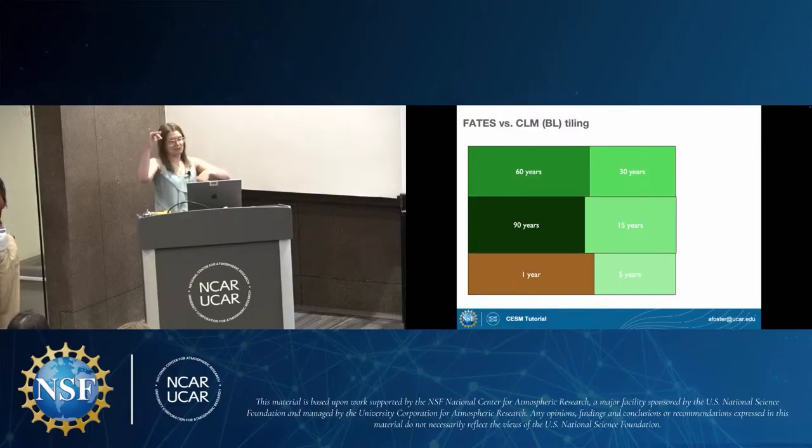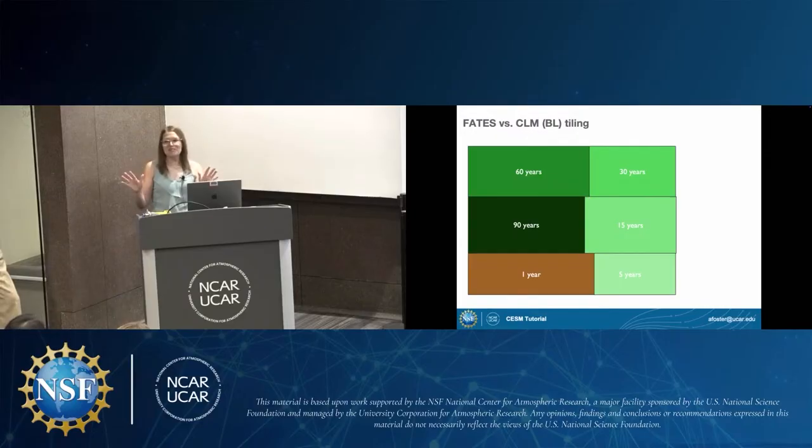I showed that snake diagram where everything was interacting. There's even more with Fates because now we have trees that are actively competing with one another for resources and light, and then we've got forest succession involved, and there's just not as many people. A lot of work was done on CLM years ago to get it to this really nice state now, and Fates has historically had fewer people working on it. So right now, at NCAR at least, it's just me.